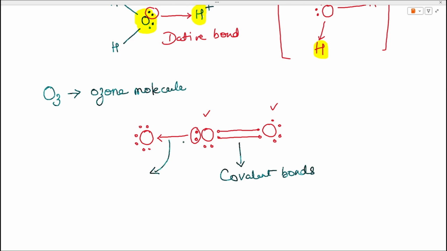But the other bond on the left is a dative bond or a covalent coordinate bond. Because this 1 pair of electrons which is being shared between these 2 atoms has been contributed only by 1 atom, and that is the central oxygen.